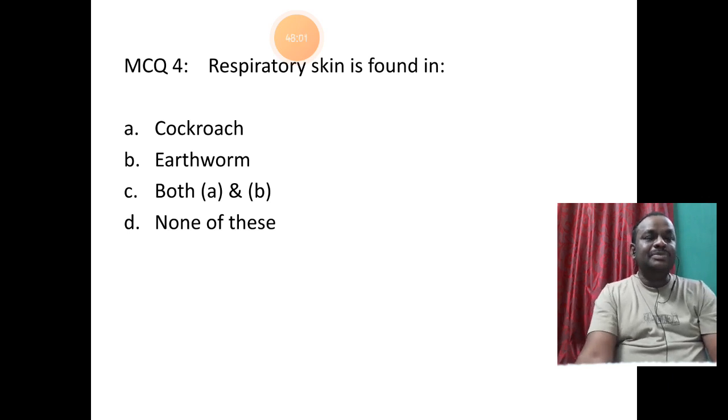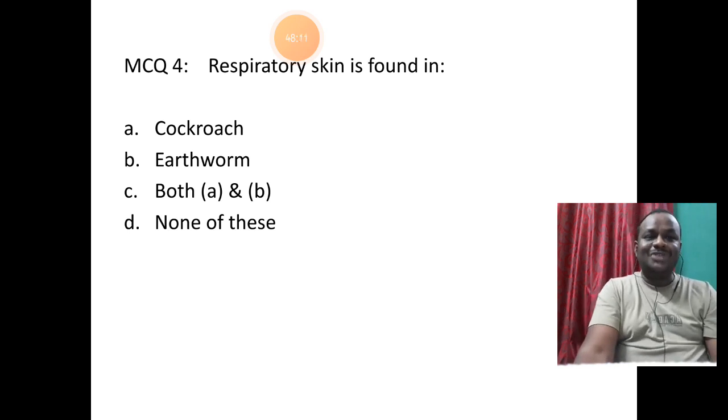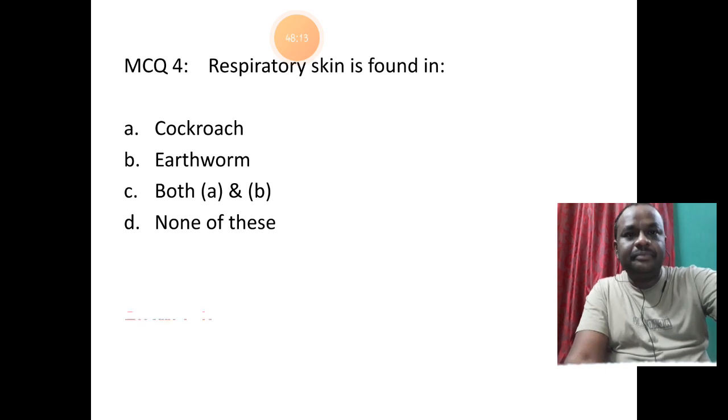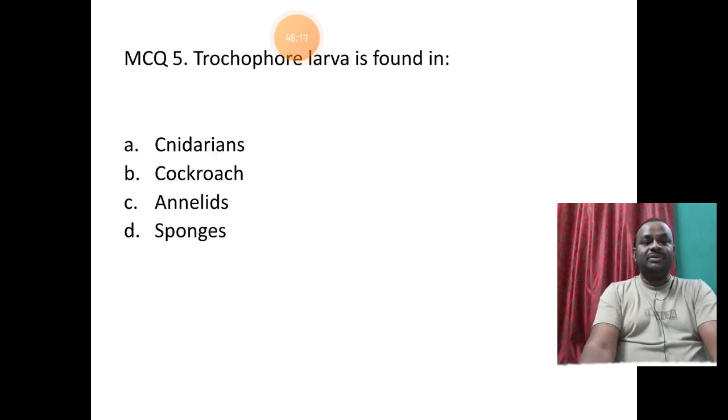So terrestrial forms of annelids live in the habitat called damp soil, where the skin is involved in respiration. What do you call it? Cutaneous respiration. Answer is B. Fifth question. Trochophore larva is found in cnidarians, cockroaches, annelids, sponges.